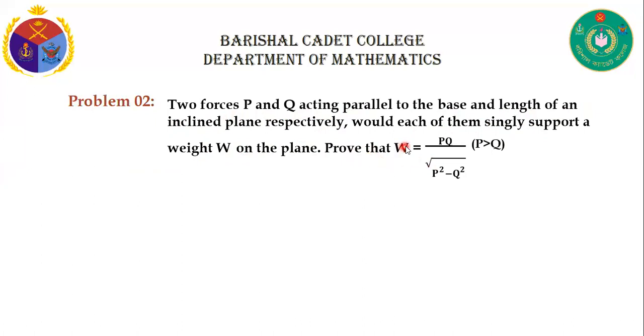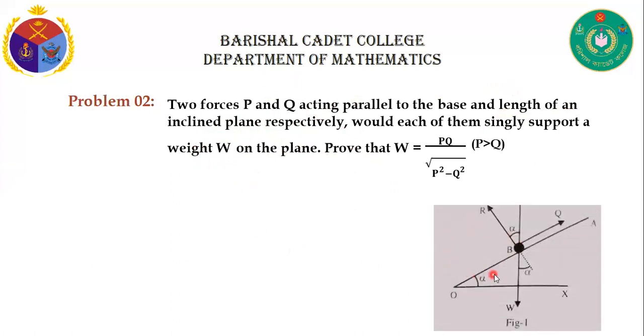Prove that W equal to PQ by square root of P square minus Q square, where P greater than Q. So there are two forces P and Q, and singly P force makes an equilibrium with the weight W on an inclined plane, and Q acting along length of the inclined plane, and it also makes equilibrium with the weight W on inclined plane. So there is a figure for first.